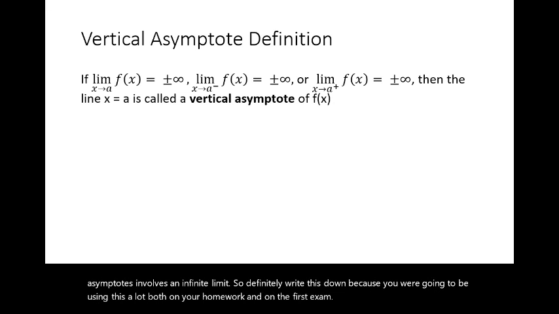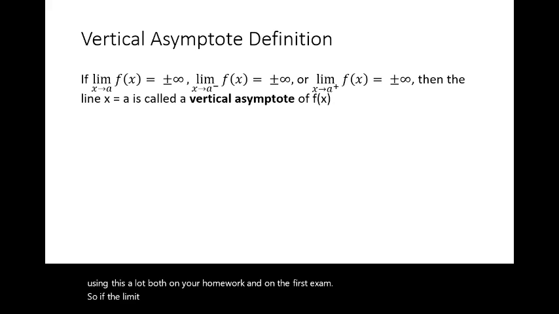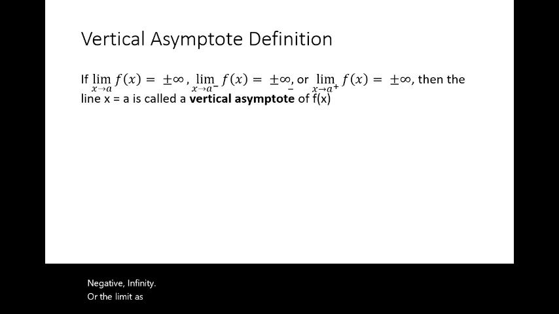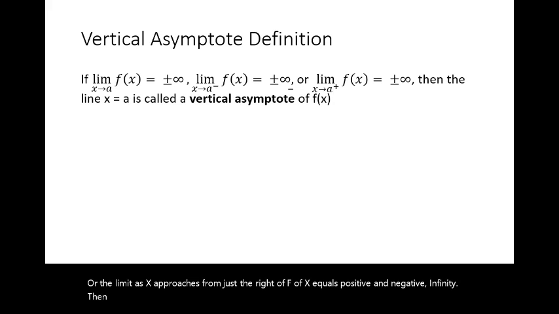So if the limit as x approaches a of some function f of x is equal to positive infinity or negative infinity, or the limit as x approaches a from just the left of f of x equals positive or negative infinity, or the limit as x approaches a from just the right of f of x equals positive or negative infinity, then the line x equals a is called a vertical asymptote of f of x.